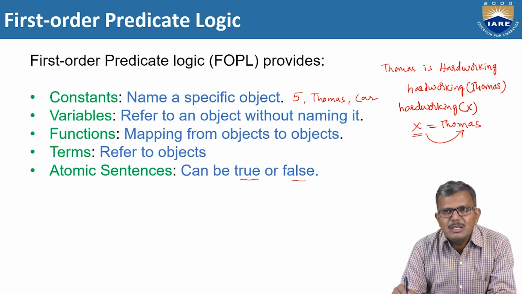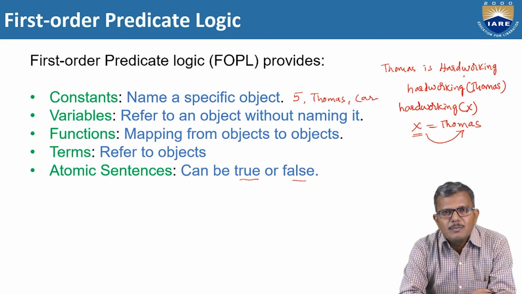I can take the same example here. Thomas is hardworking. We can say that this is also an atomic sentence. Atomic sentence or single sentence, both are the same.